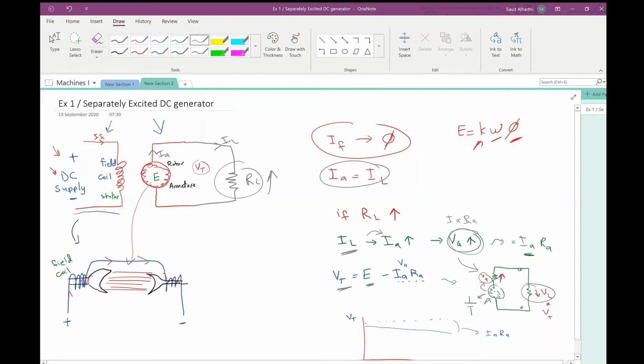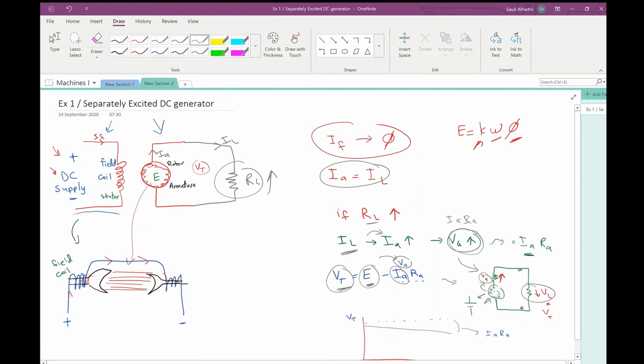So if RL increases, IA by default increases, VA will increase. Since E, the generated voltage, is constant, and VA increases, we will end up with the value of VT decreased.